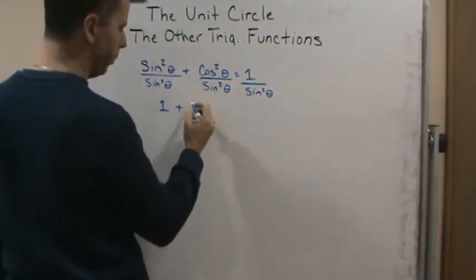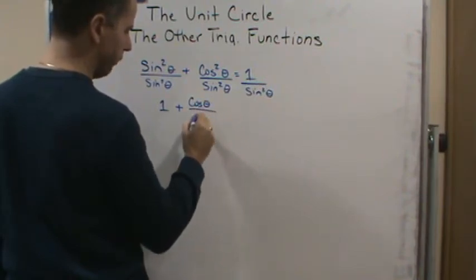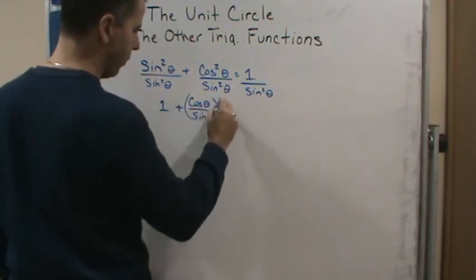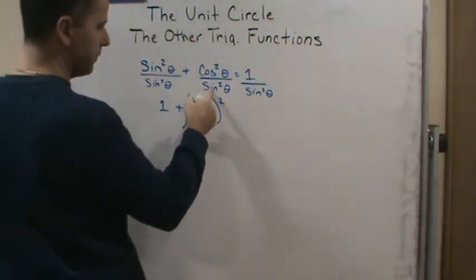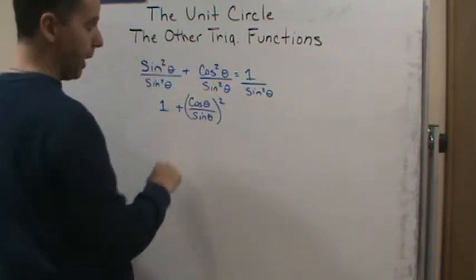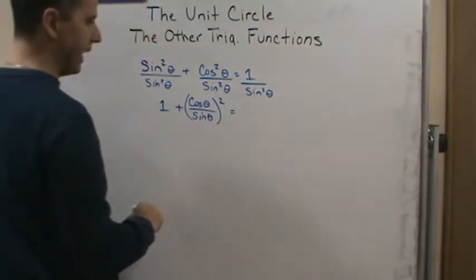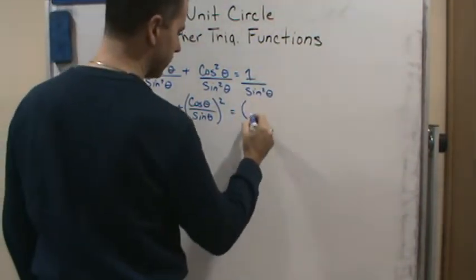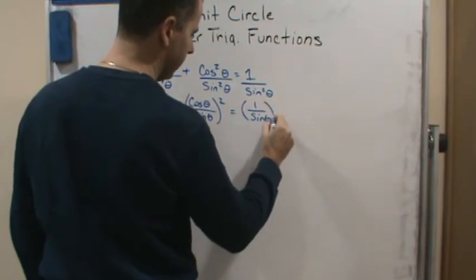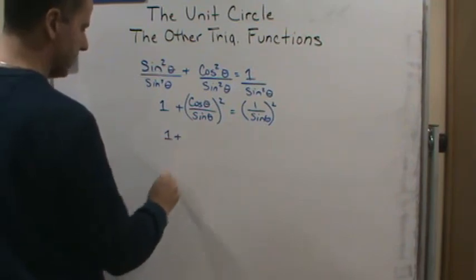Well, I can pull this out and write this as cosine theta over sine theta quantity squared, right? Because all this means is sine theta quantity squared. So I can use the property of exponents and write it like this. And I can do the same thing here: I can write this as 1 over sine theta quantity squared. Now this becomes 1 plus what?